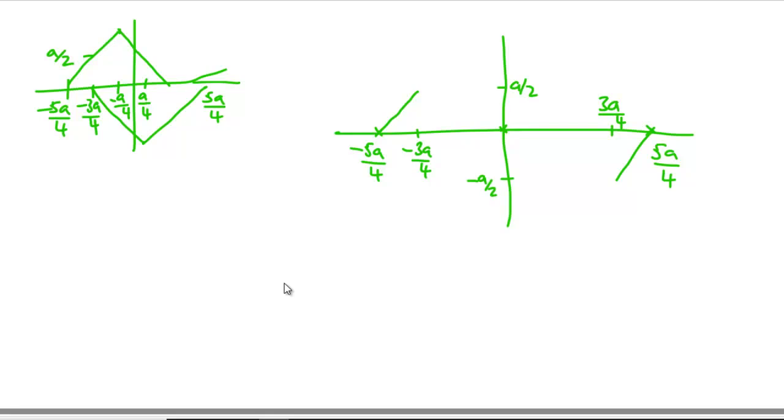We know we're going through the middle again. So as we're going from, say, here to here, the top one's going up and the bottom one's going down, but the rate it is going up is the same as the rate it is going down, so it's going to be flat. So that'll be flat until we get to minus a over 4. And we'll have the same on this side. It will be flat until we get to a over 4.